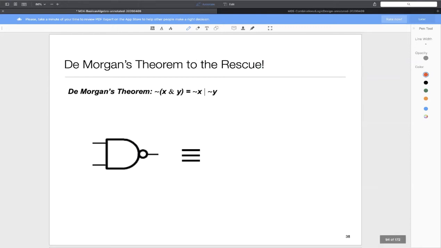So what we are going to do is we are going to use De Morgan's theorem, which basically in gate terms says this, right? That a NAND is equal to an OR with inverters before them. So of course I can do it, right? Because I have the supply of NOT and I have the supply of OR. So I can make a NAND in this manner, and then I can make an AND by adding an inverter to the output.